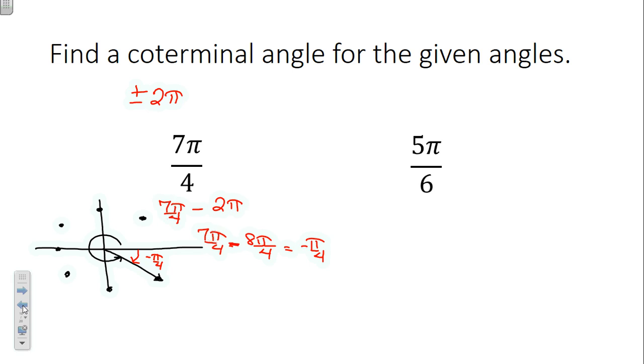How do we find the positive one? Yeah, let's add a whole circle, whole revolution. We went all the way around, but not that far, plus more.